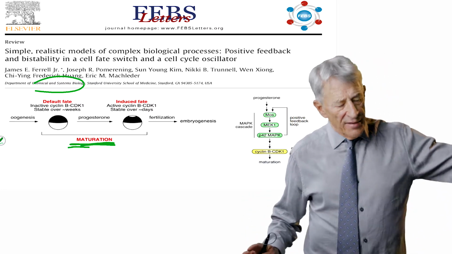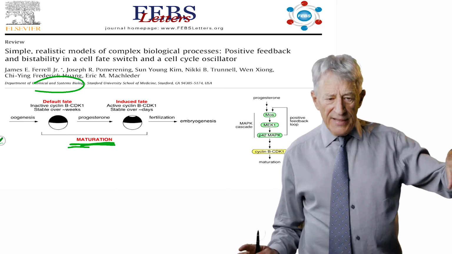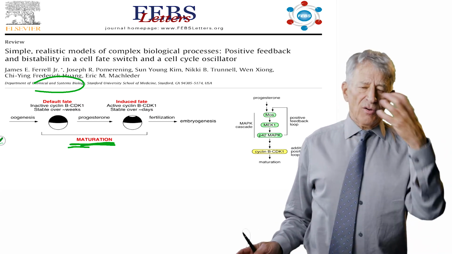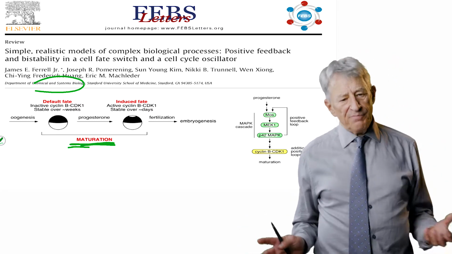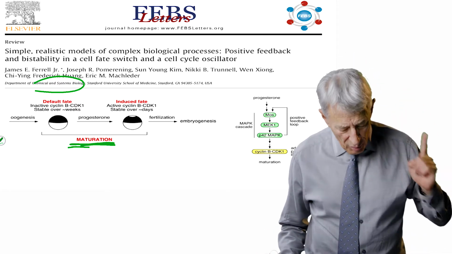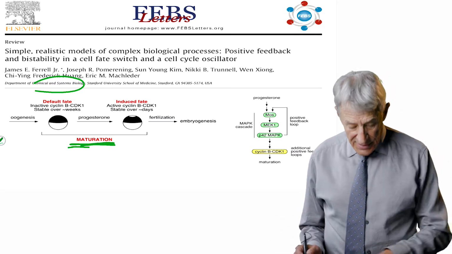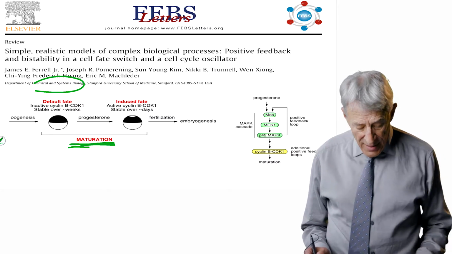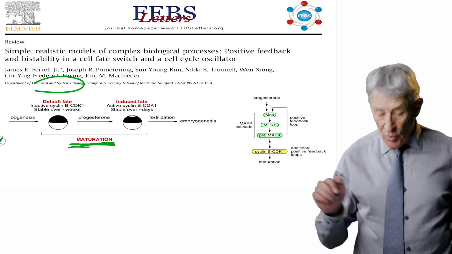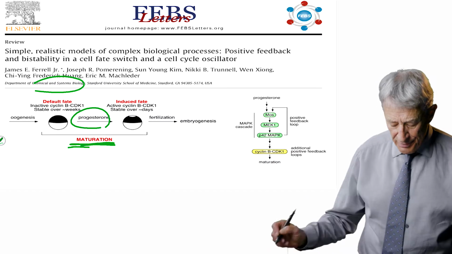Well, you have an oocyte, and before the oocyte can be fertilized, it has to undergo a qualitative change from just being an oocyte to being a mature oocyte. And that is a qualitative change. The chemical that brings about that qualitative change of maturation is progesterone.